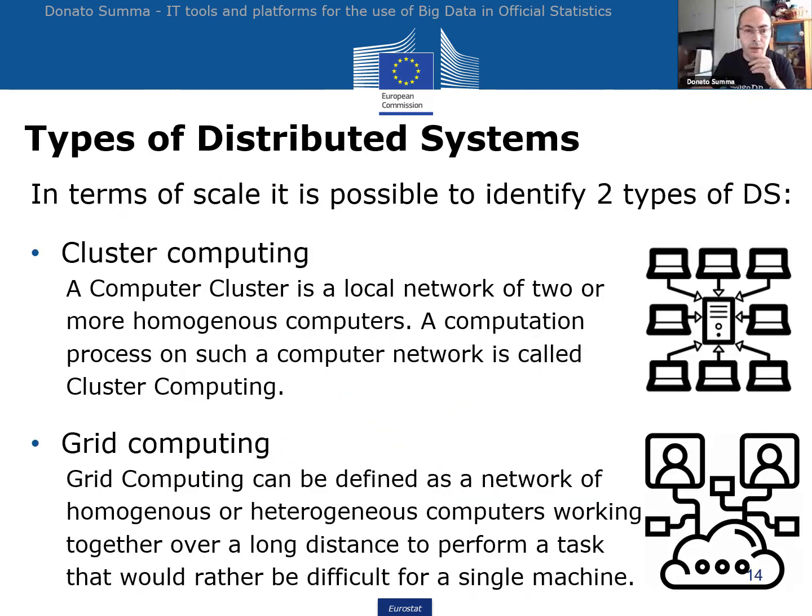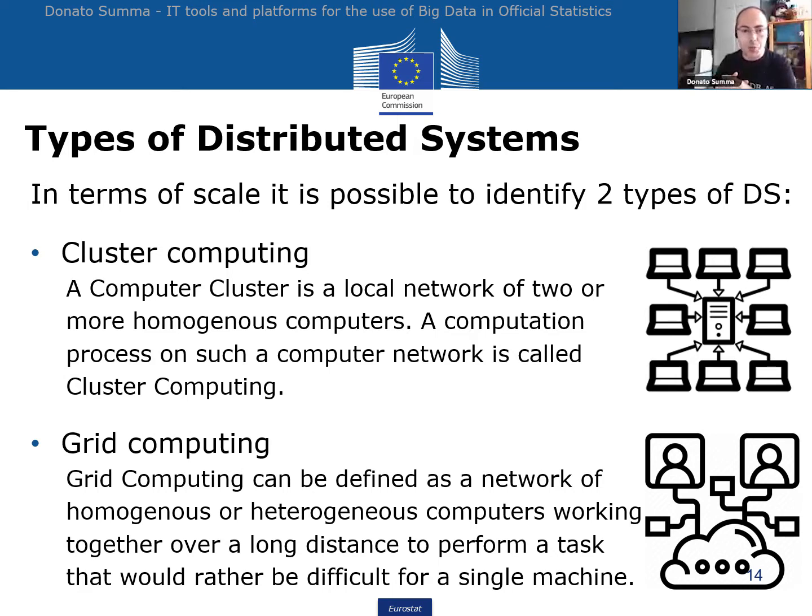In terms of scale, it's possible to identify 2 basic types of distributed system, the so-called clusters and the so-called grids. What's the difference? A computer cluster is a local network of 2 or more homogeneous computers.